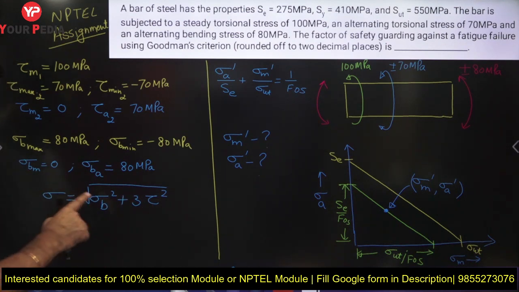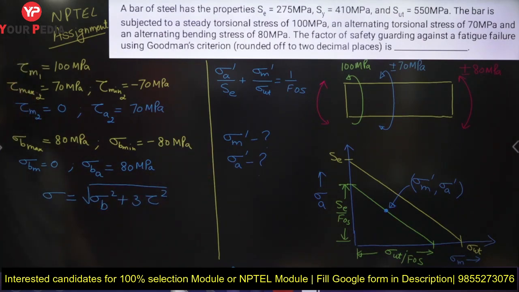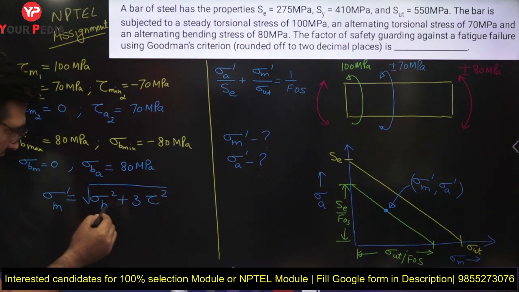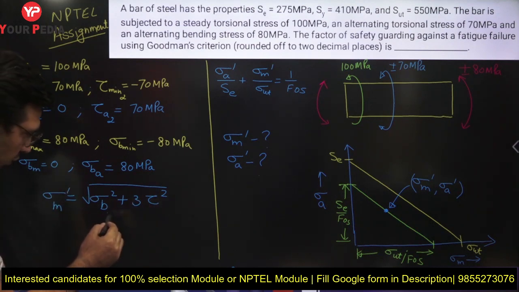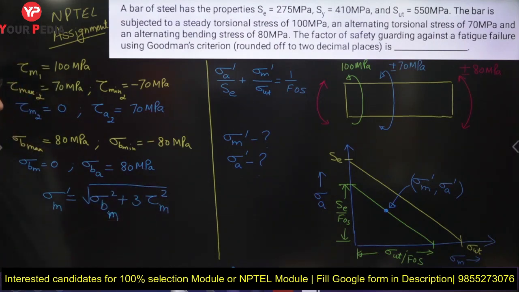Now from this I can find the equivalent mean as well as the equivalent amplitude. When I have to find the mean, I will write the mean, which I have denoted with a dash, and take the mean components of these values, so bending mean as well as the mean of the shear stress.